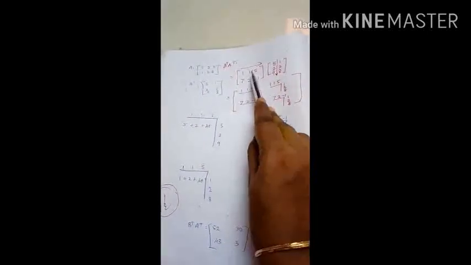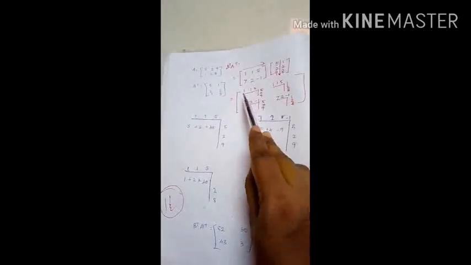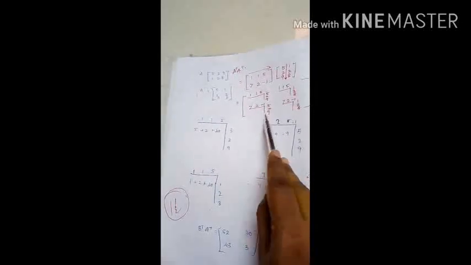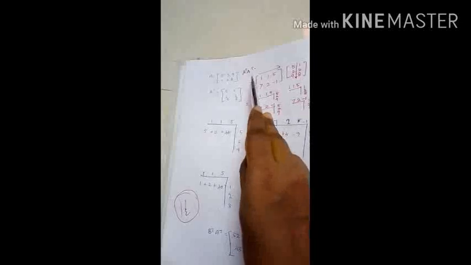A22: second row and second column. Here look at this product, B transpose A transpose, and the mistake the student has made. So hope you can understand the mistake that might happen. Please be careful while attempting matrix multiplication problems.